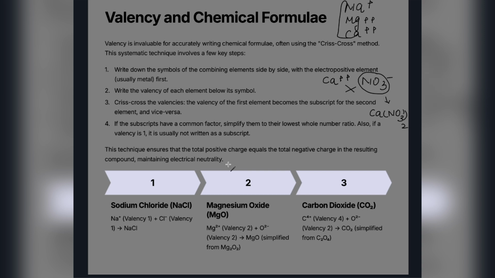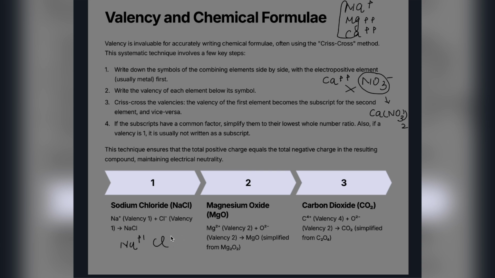Let's take an example of sodium chloride. In the case of sodium, as we have previously learned, sodium has one electron in its valence shell because it tends to lose its electron, so it will get a plus charge. And in the case of chlorine, there are 7 electrons in the valence shell, so it tends to gain an electron.